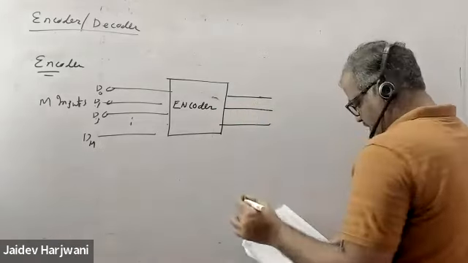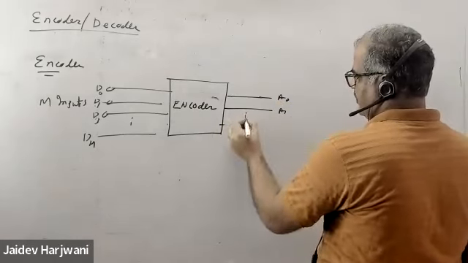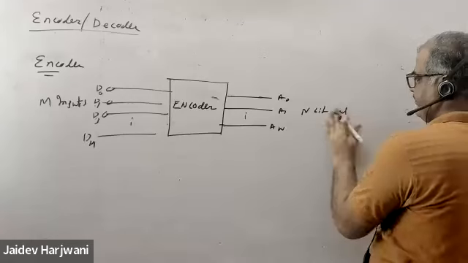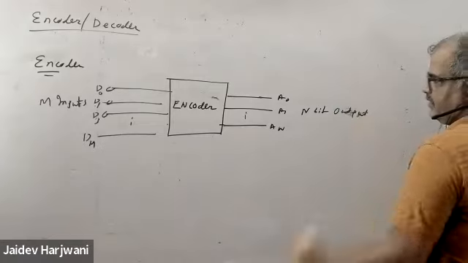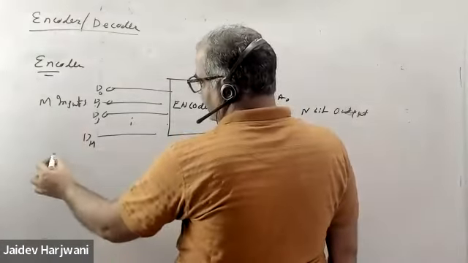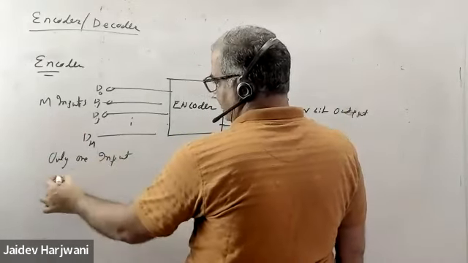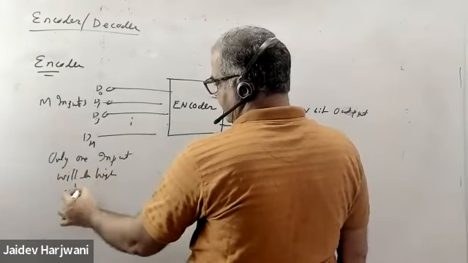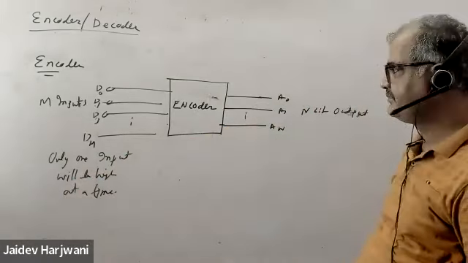Say this is A0, A1, up to AN, n bit output. So out of the inputs, only one input will be high at a time. Only one input will be high at a time.